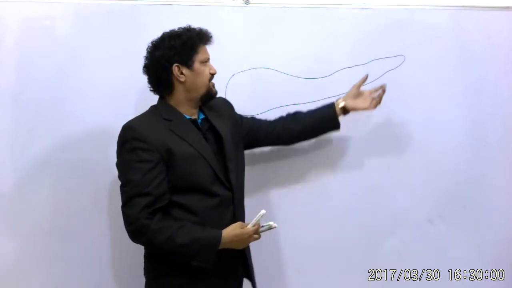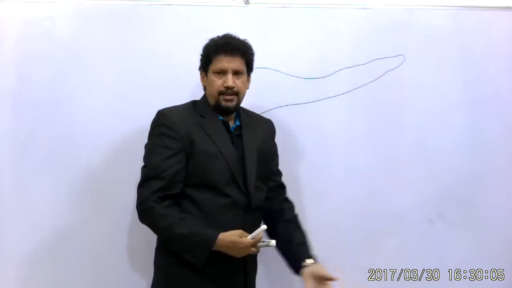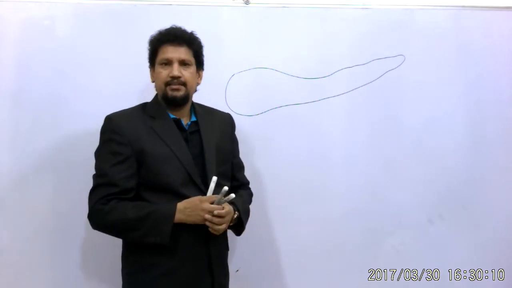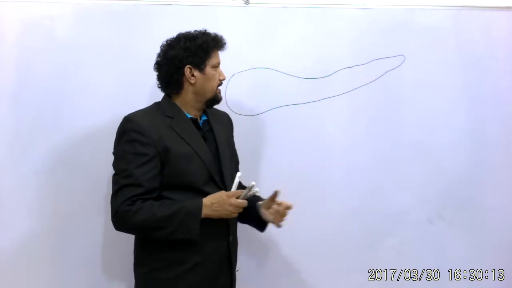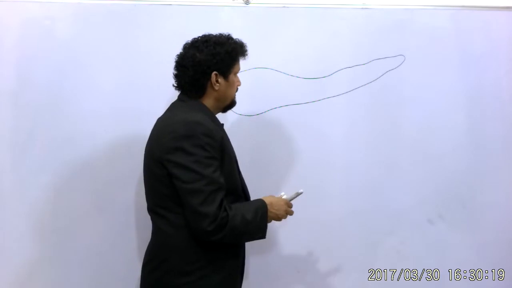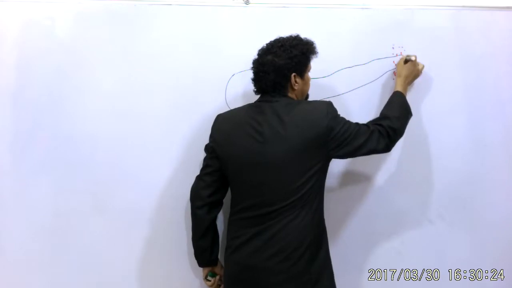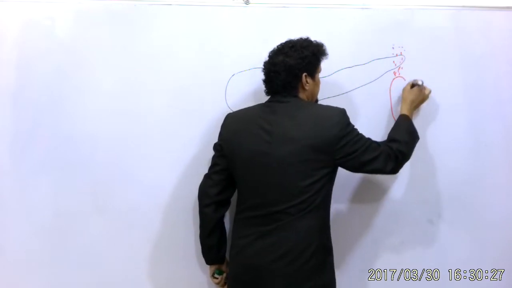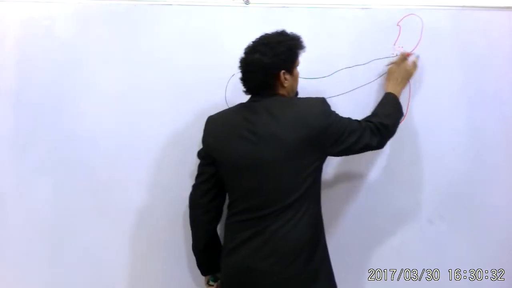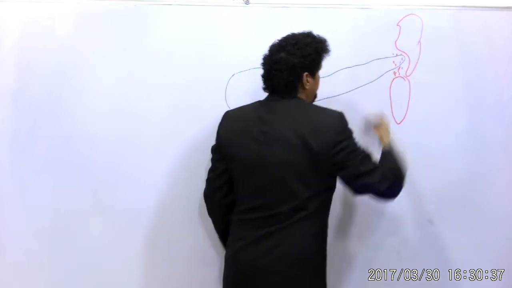So, we can see this tail in the lienorenal ligament, the folding of the peritoneum which is connecting the hilum of the spleen and the left kidney. It is reaching up to the hilum of the spleen.